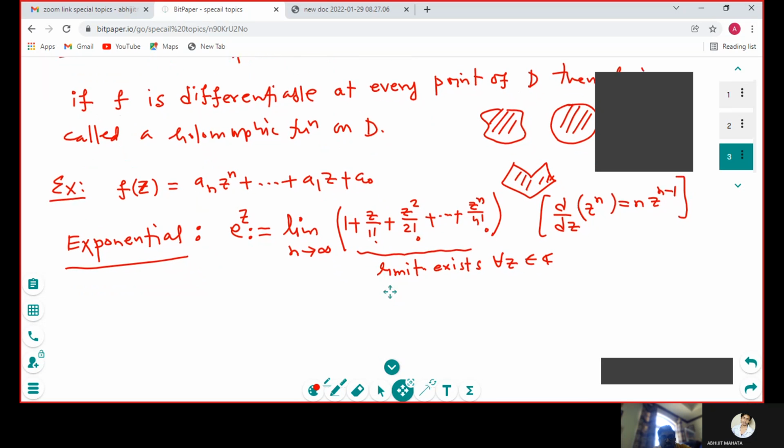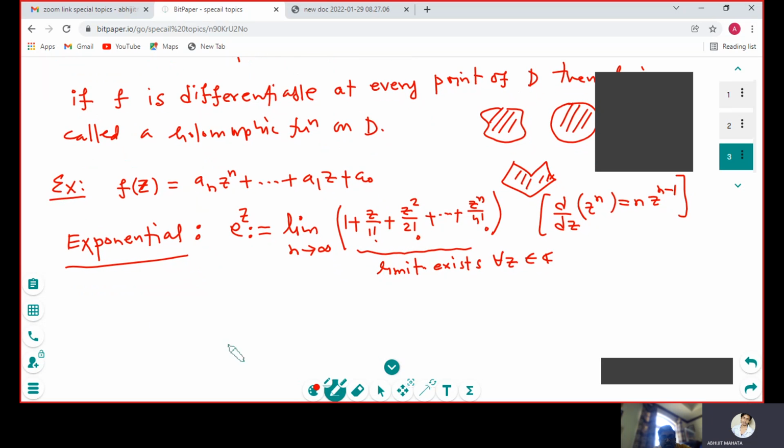Now, how do we define sine? Let me tell you the properties it satisfies. e to the power z into e to the power w is e to the power z plus w.